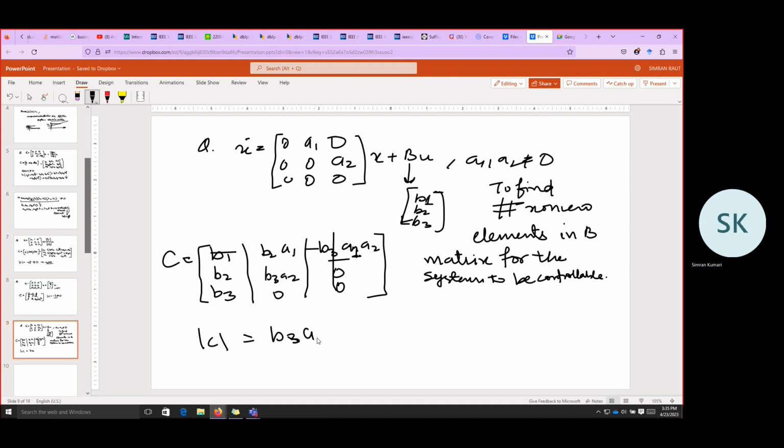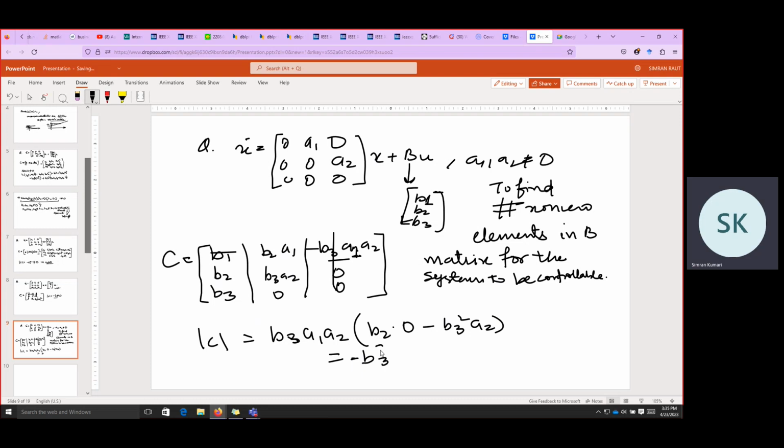B3, A2 multiplied by B2 into 0 minus B3 square A2. What does this give? Yes, minus B3 cube A1 A2 whole square.